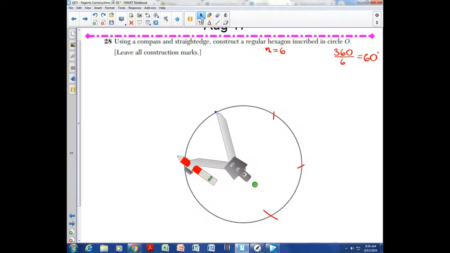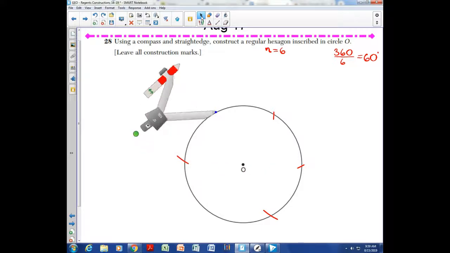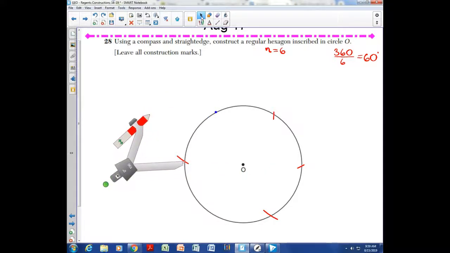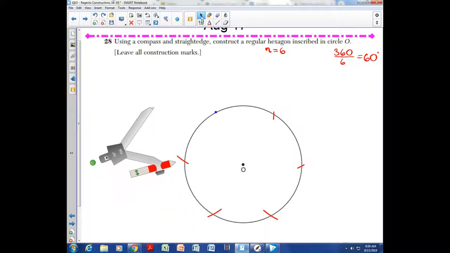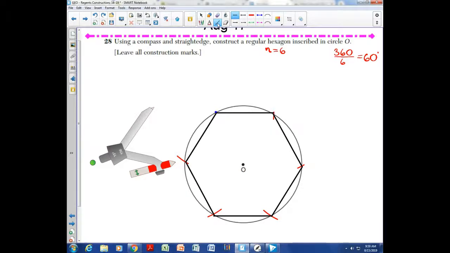Put this one back to that one where I started, and go to this one. Flip it around and get that one. That's all you really need to do. That's the minimalist approach. And then connect 1, 2, 3, 4, 5, 6. And there's your hexagon.